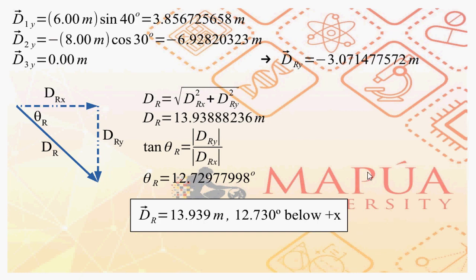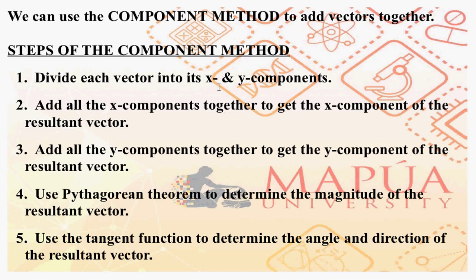You have the component method. Again, follow the steps for component method. Divide each vector into x and y components. Add all the x components together to get the x component of the resultant.